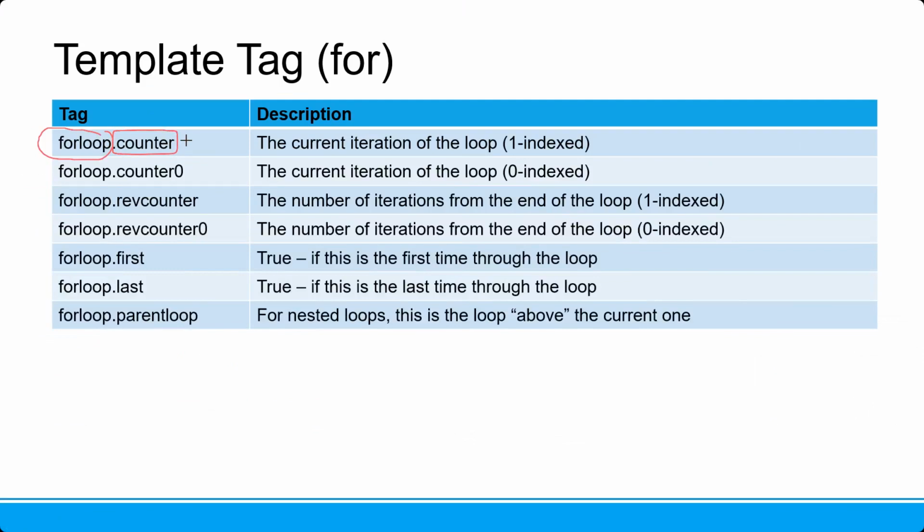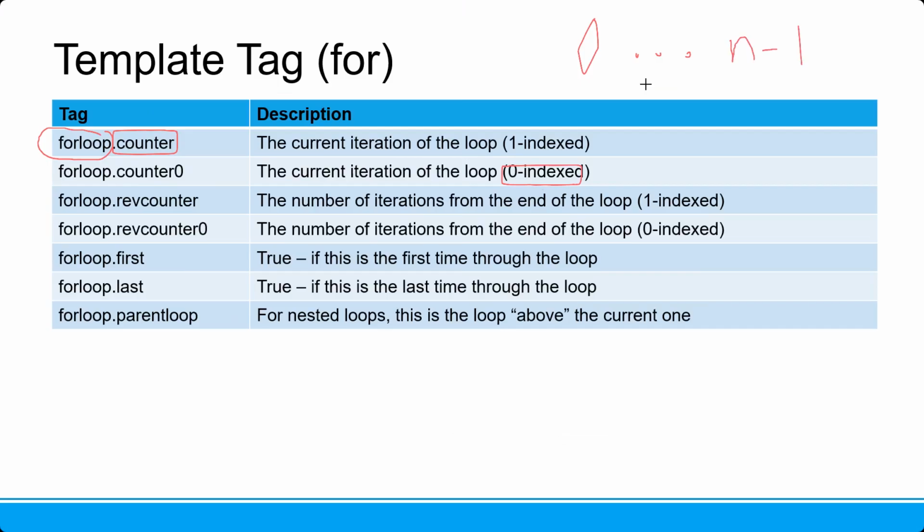In Python, usually we do the for loop with the zero index. It means we start from zero for the first loop, for the first index, and then it goes until n minus 1.